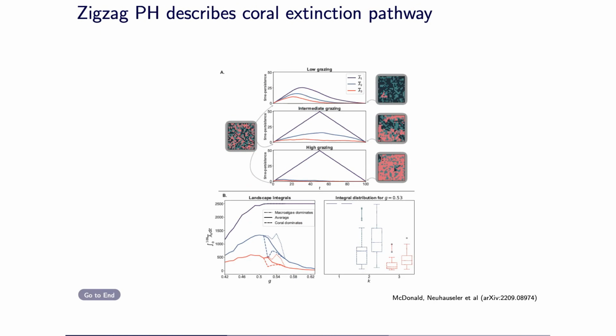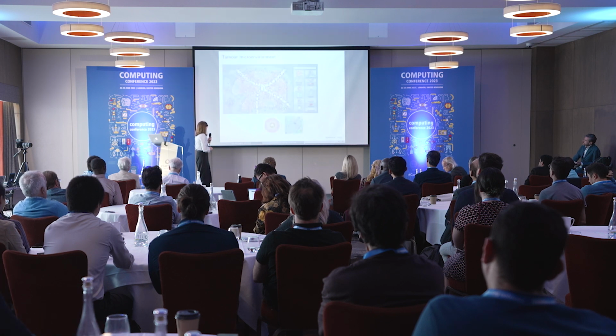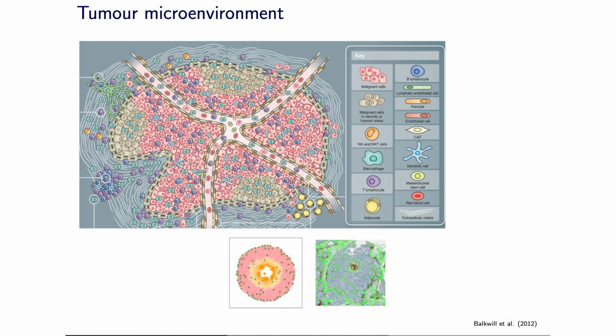Okay, so we've done this and been able to identify, for example, bifurcations in the model, and we can distinguish different grazing rates of the fish that involves whether something becomes all coral or all algae. And you can also think about this looking at this complex system of the tumor microenvironment. Again, this is looking at the immune cells, and so I'm ending where I started, the immune cells on the outside of a tumor.